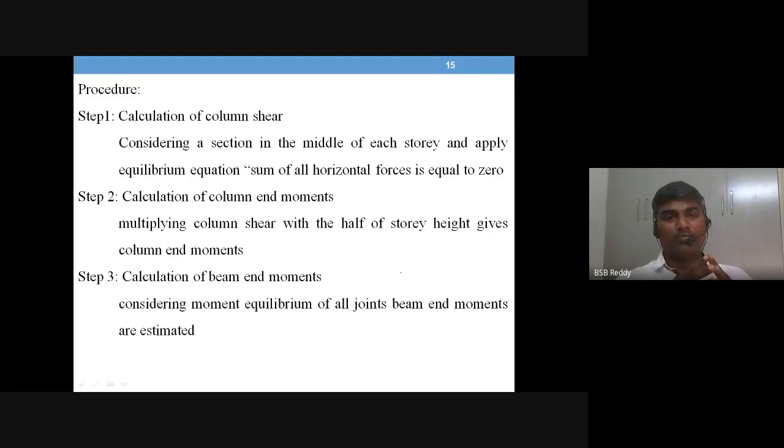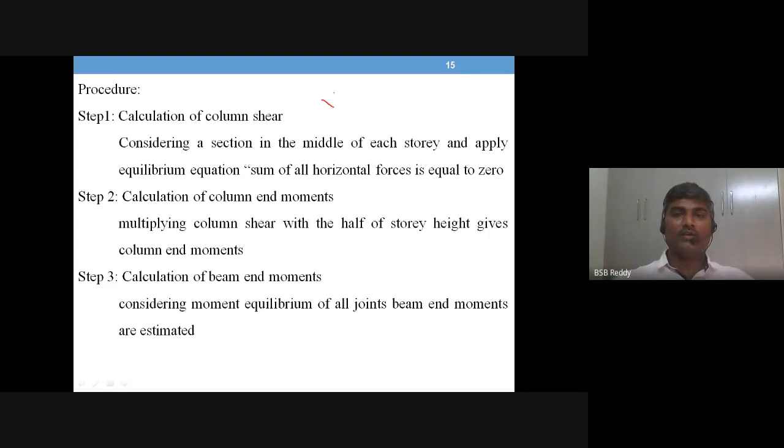So why should it start with column shear? I will just read out the steps and we will discuss each step in detail in the next session. So step 1, you calculate column shear.